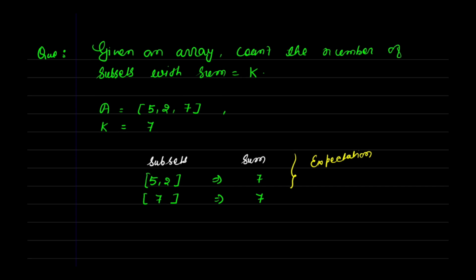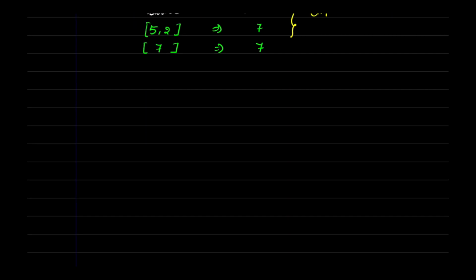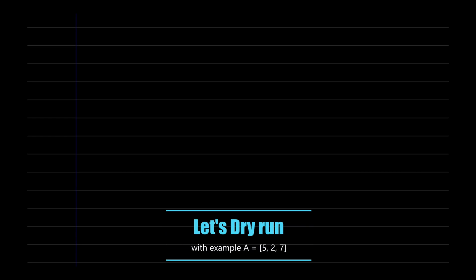So let's begin with the dry run. How will we approach this? Suppose our array is, as in the question, 5, 2, 7, and I am taking the index from the start. Our index is here.